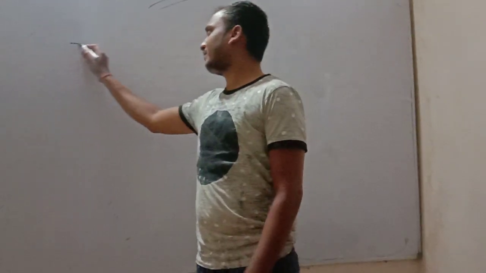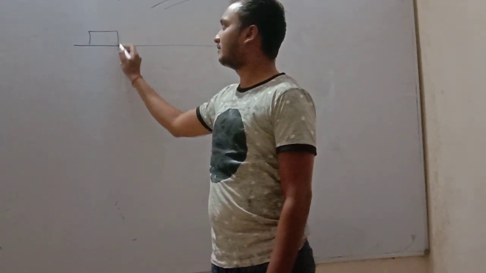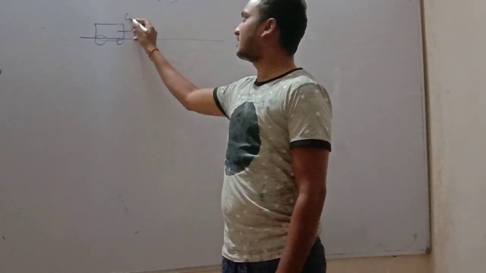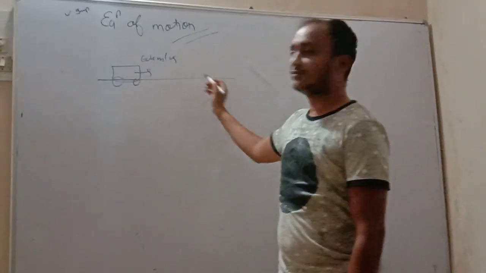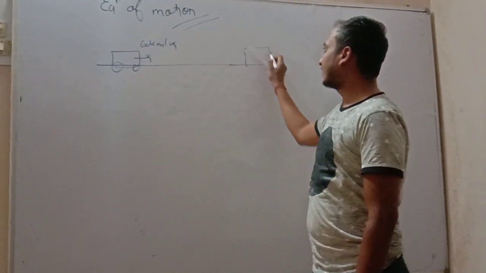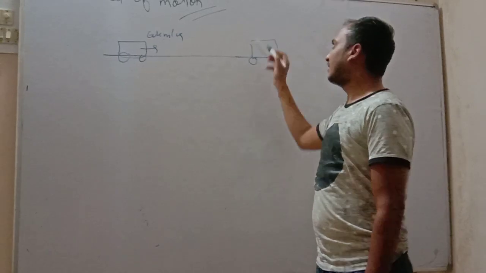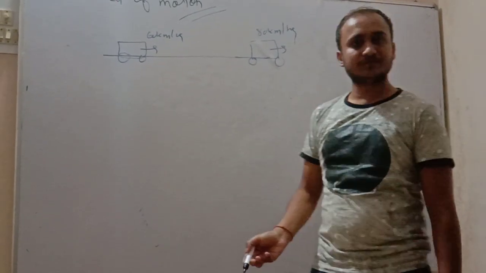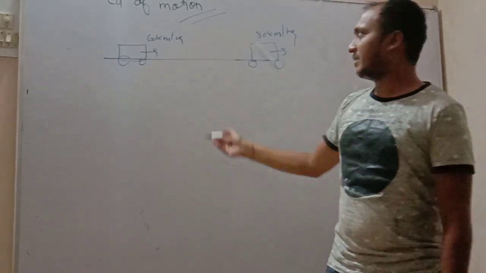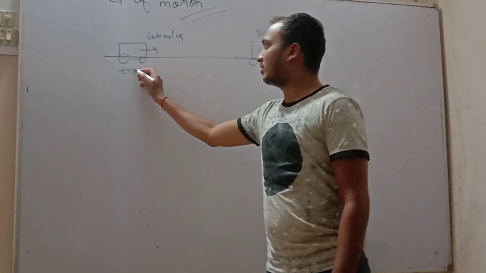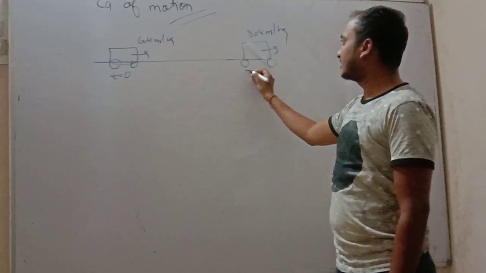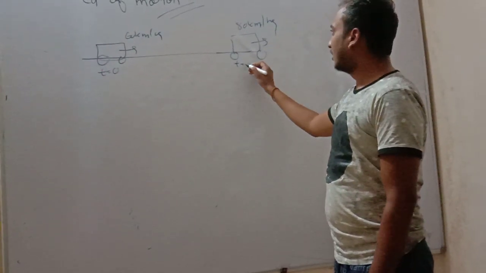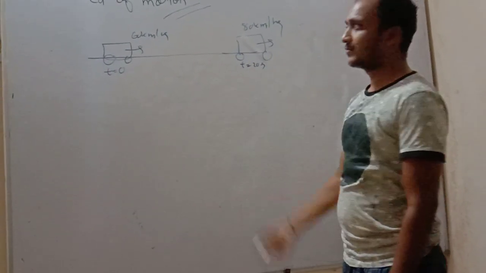So friends, let there be a car whose speed is 60 km per hour. After some time, its speed is 80 km per hour. Let this be t equal to 0, and this be t equal to 20 seconds.